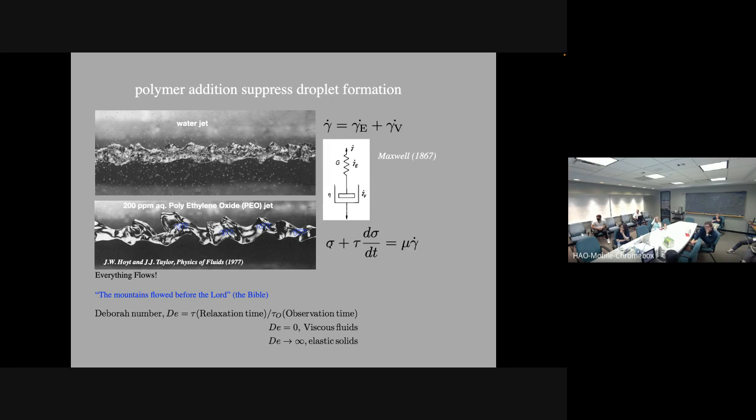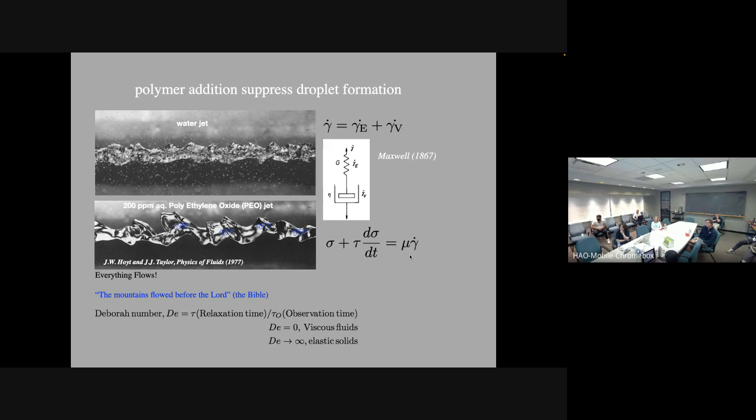Then your stress is actually equal to some viscosity times the strain rate, and you recover viscosity, so it is essentially a fluid. However, if your relaxation time is really large, then you can neglect this sigma here, and you will have tau d sigma by dt equal to mu gamma dot, and you can remove this time derivative, and you will have the equation of an elastic solid, like a Young's modulus, right?